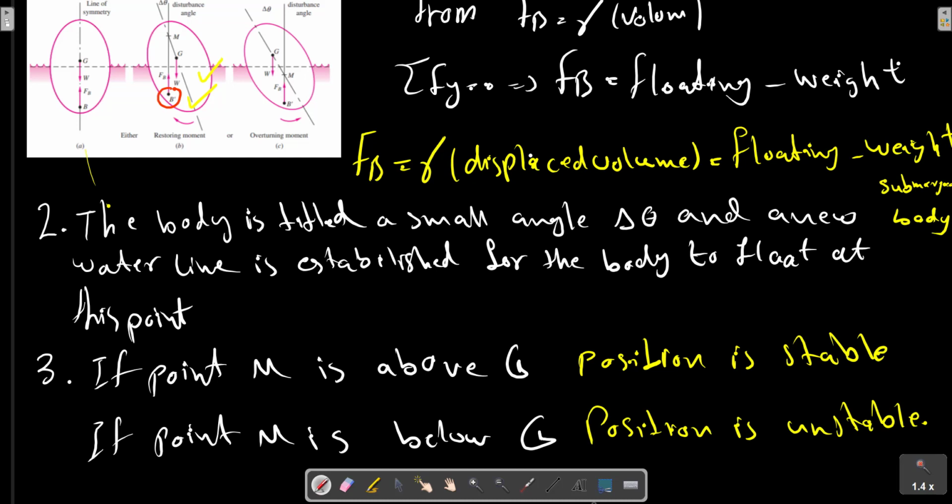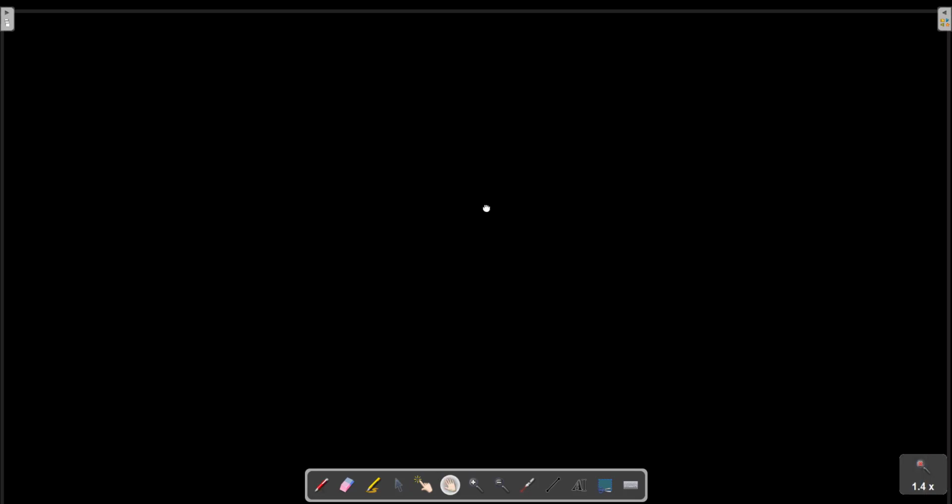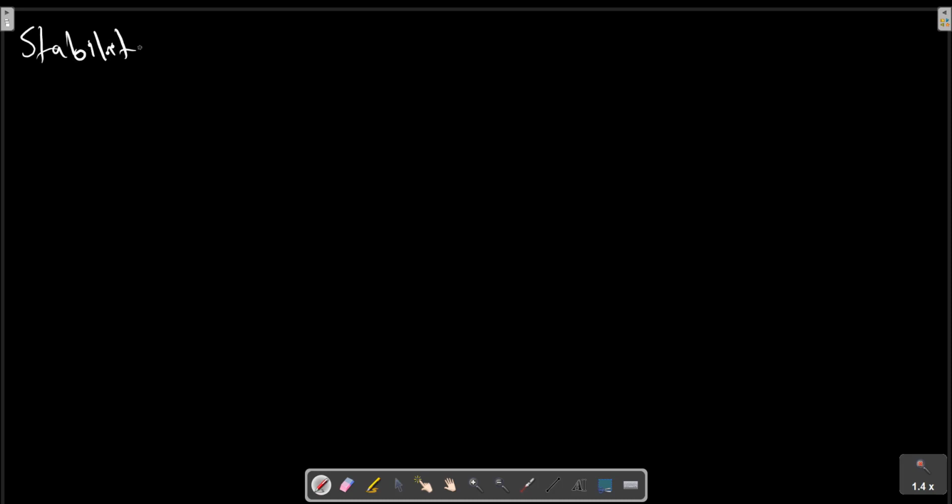So we are going to continue our description about stability with the stability related to waterline area discussion.